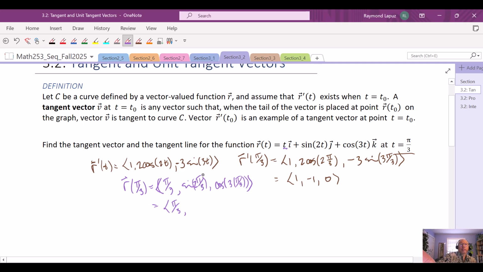Sine of 2 pi over 3: sine of pi over 3 is root 3 over 2, and it's in the second quadrant, but it stays positive, so that's root 3 over 2. And then the cosine of pi is negative 1.